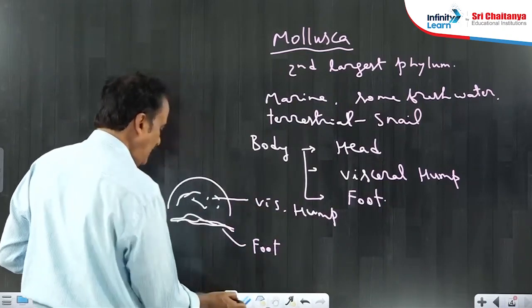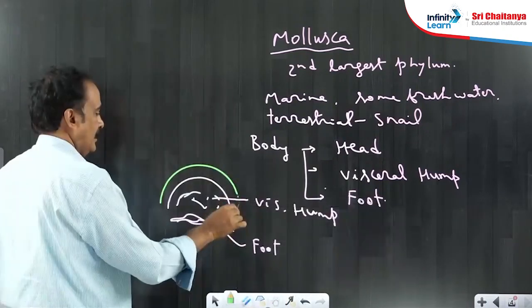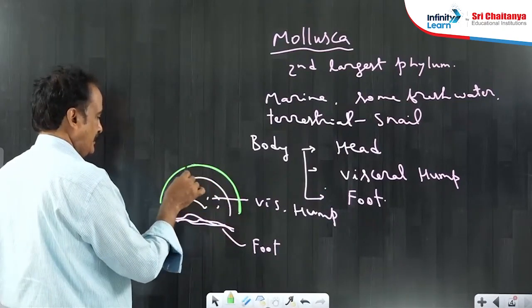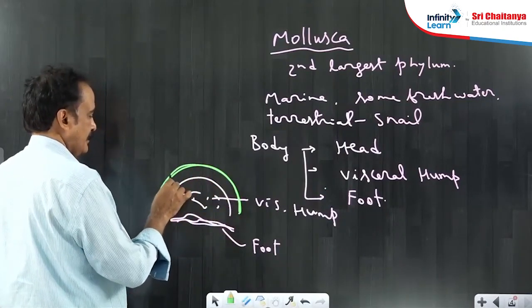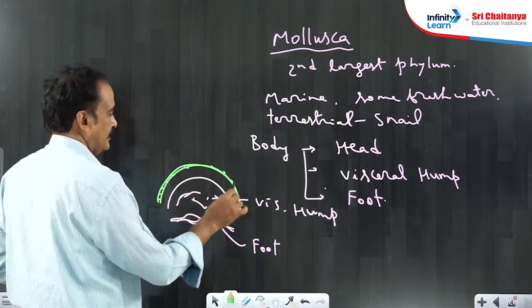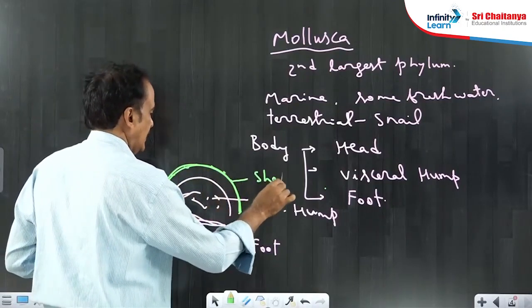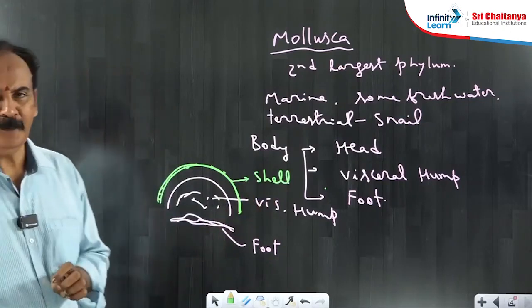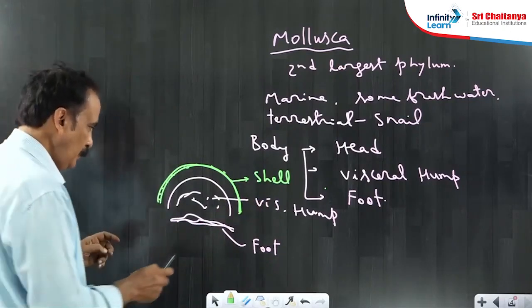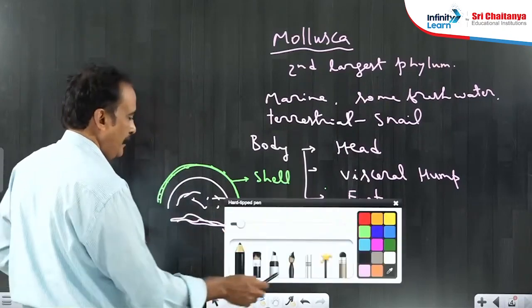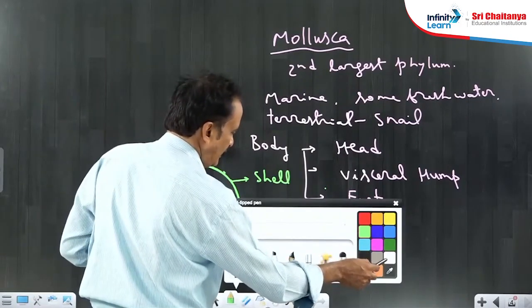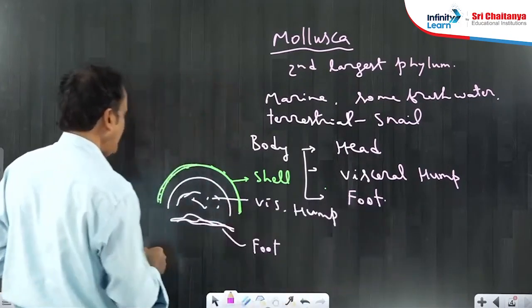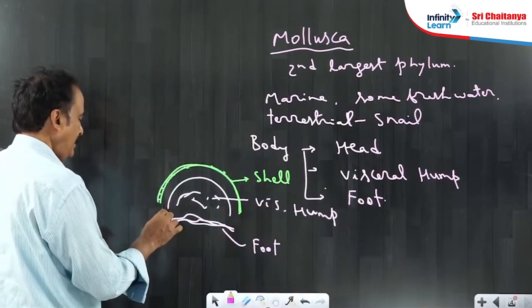And the animals are provided with a calcareous shell. The body is protected by a shell made up of calcium carbonate, right? Now this visceral hump is covered by a soft layer called the mantle.